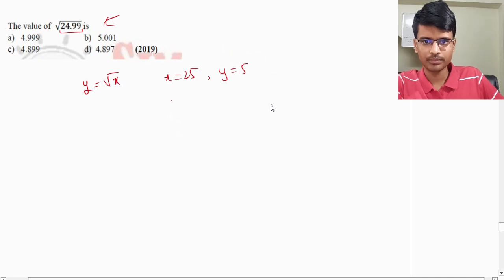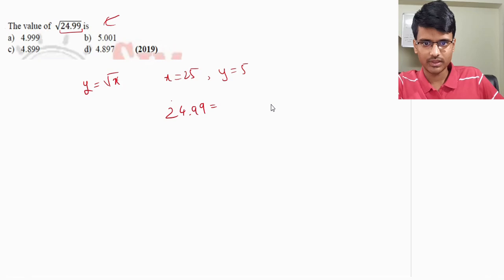Okay, so 24.99 is equal to x plus delta x. We need to find out at 24.99. So my x is 25. What happens to my delta x? Delta x equal to minus 0.01. We have taken a larger value.